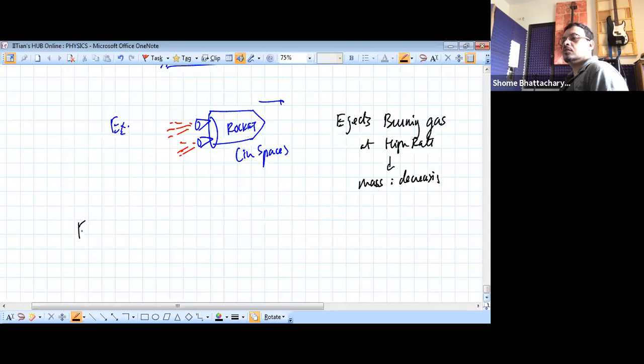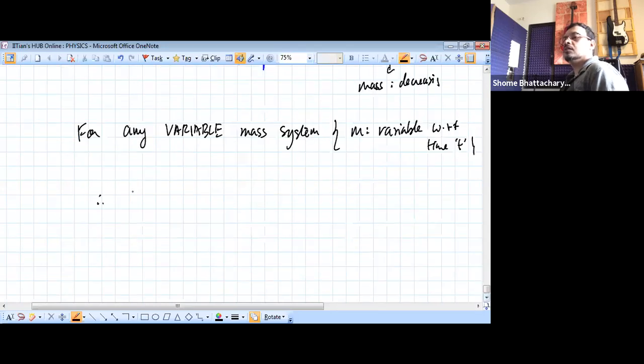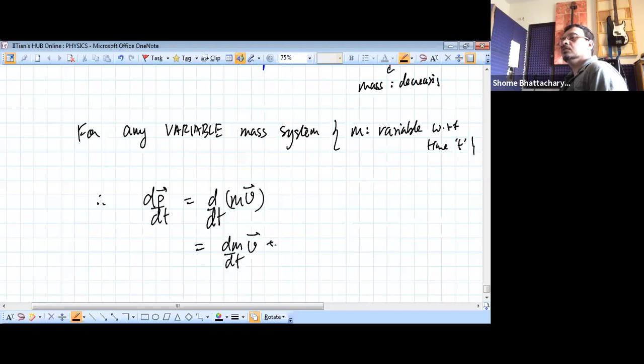So for any variable mass system, m is variable with time. So there what will happen is when we look at the rate of change of momentum, that is rate of change of mass into velocity, we'll have to use the differentiation product rule. That is, it will become dm by dt into v plus m into dv by dt.